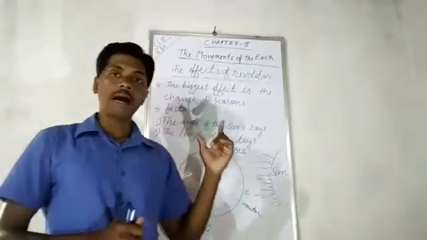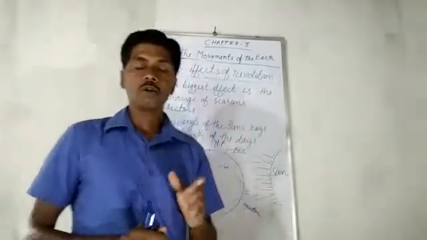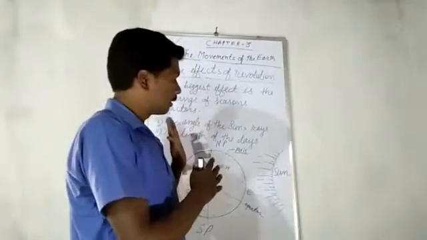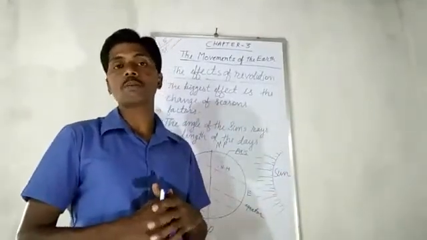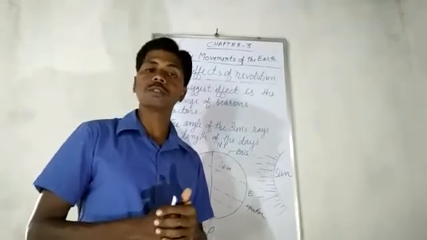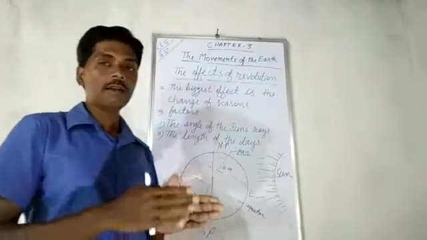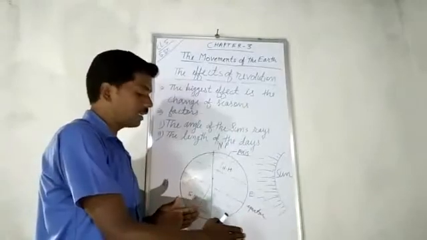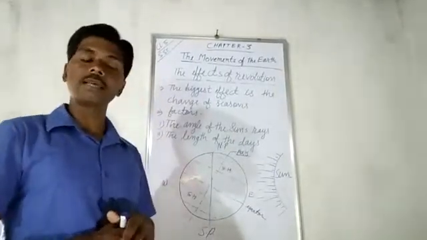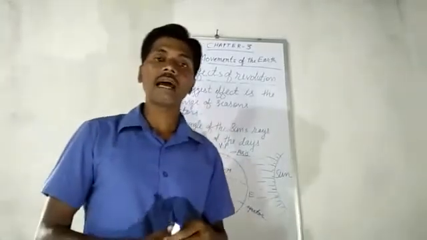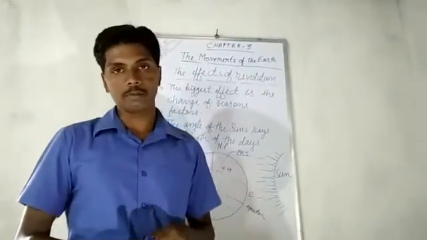The part of the earth which tilts towards the sun receives more sunlight and observes summer, while the part which is tilted away from the sun receives less sunlight and observes winter. Okay.